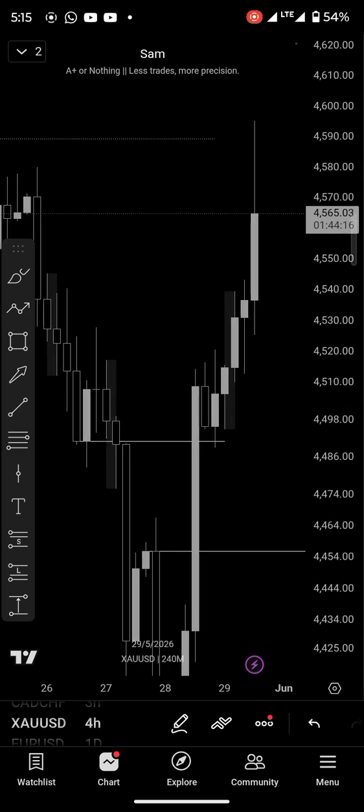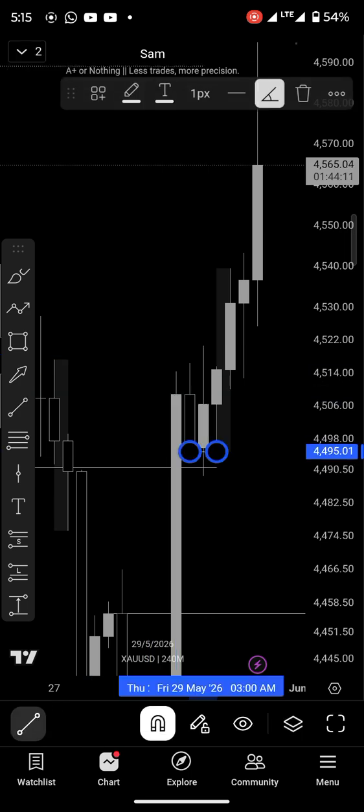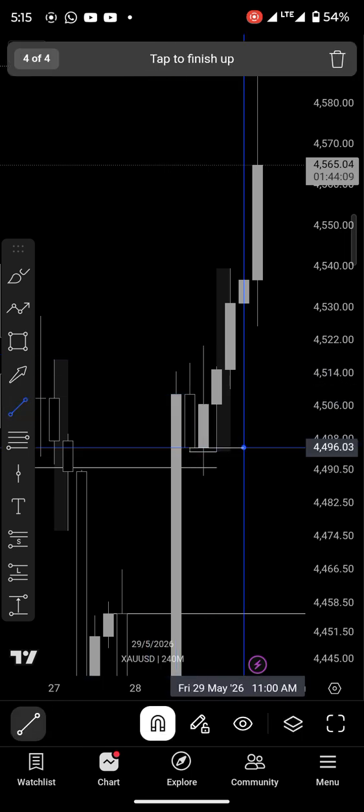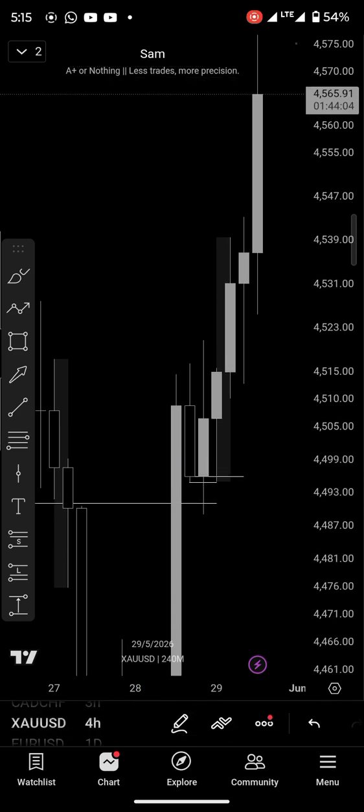So once price has tapped this place, it actually gave a confirmation because you can see H4 swept the H4 low, and H4 created a key level for entry. So that was where I would have entered the trade.